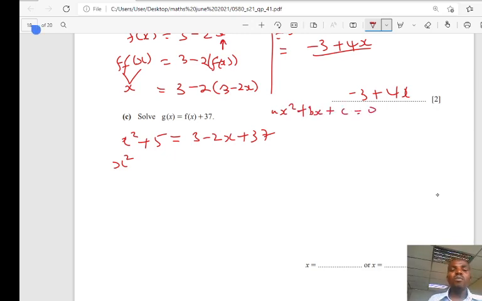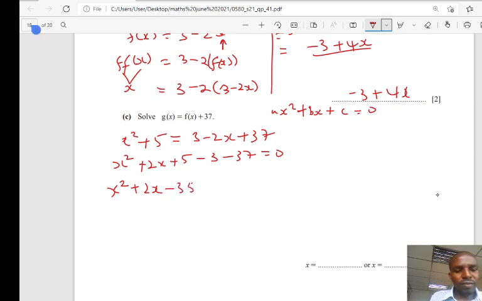The general form of a quadratic equation: x squared plus 2x plus 5 minus 3 minus 37 is equal to 0. It will be x squared plus 2x, then 5 minus 3 minus 37 is minus 35, equal to 0. Then you factorize this.